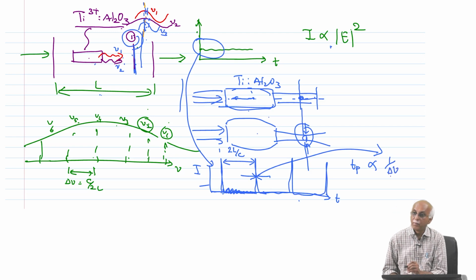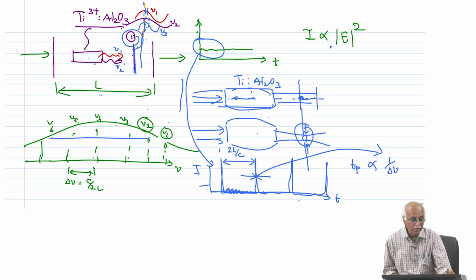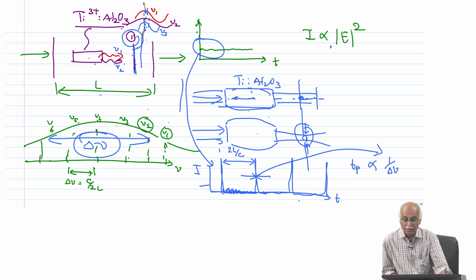the gain bandwidth. This gain bandwidth is nothing but the total spectral bandwidth of this, and the pulse width will depend upon it. So, the broader this spectral bandwidth, the shorter the pulse width will be.